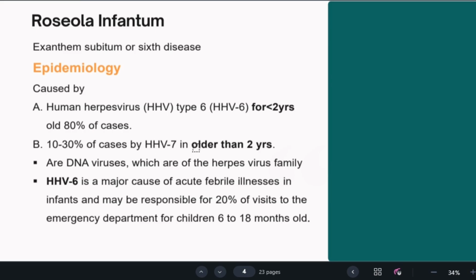Type 7 is more common in older children, older than 2 years, and accounts for 10 to 30% of cases. Both are DNA viruses of the herpesvirus family. Type 6 is usually the major cause of acute febrile illness in infants.